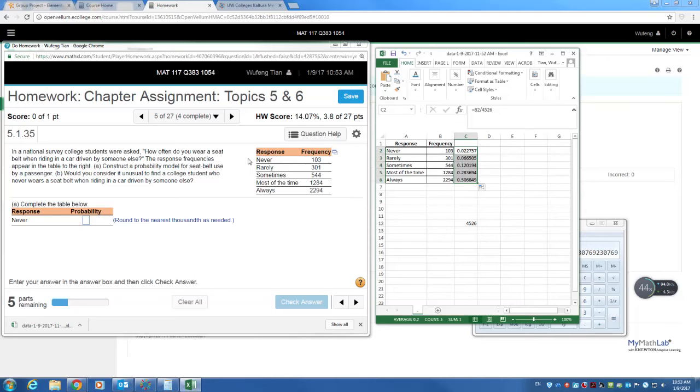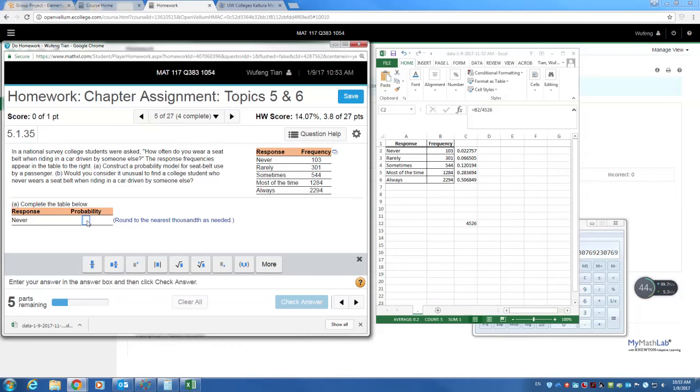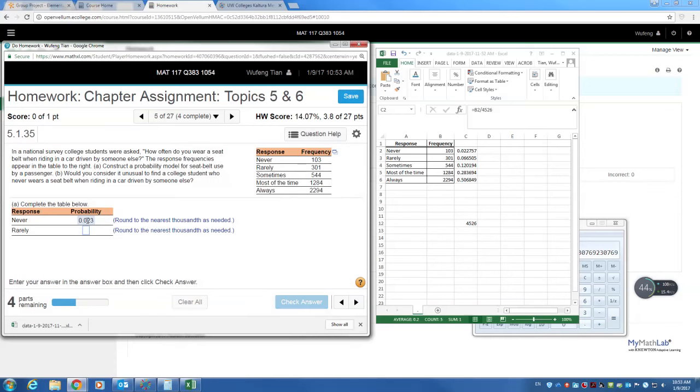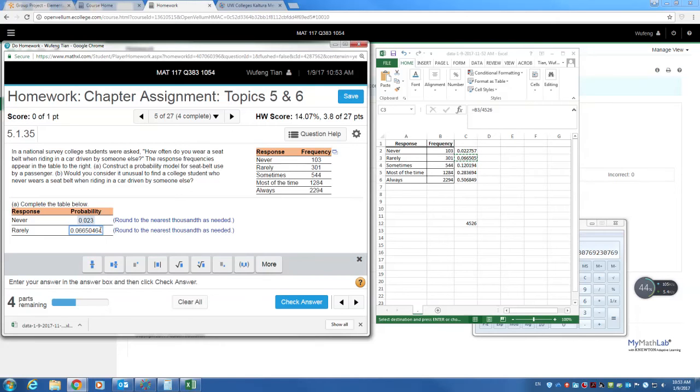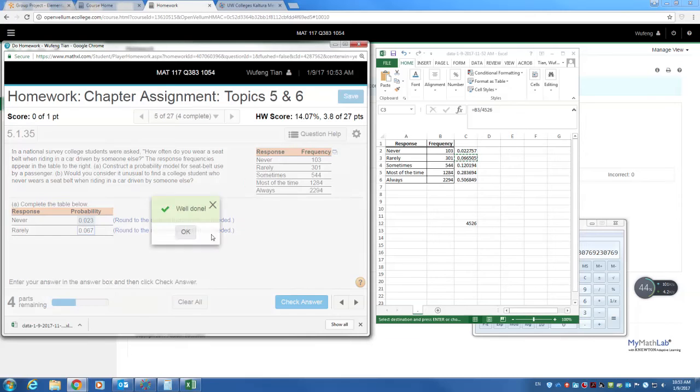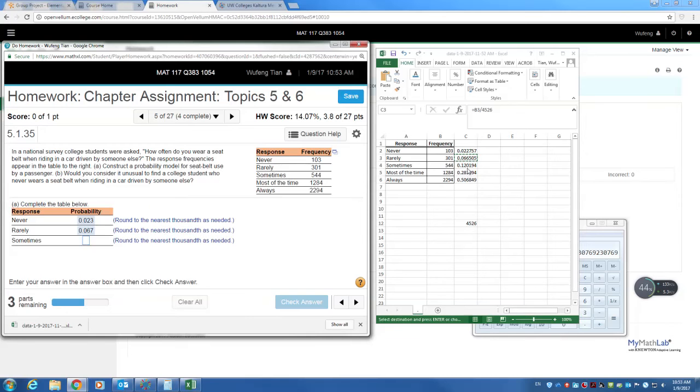You have all the probabilities. The probability of this one is 0.023. And this one, just copy that. 667, and copy that.